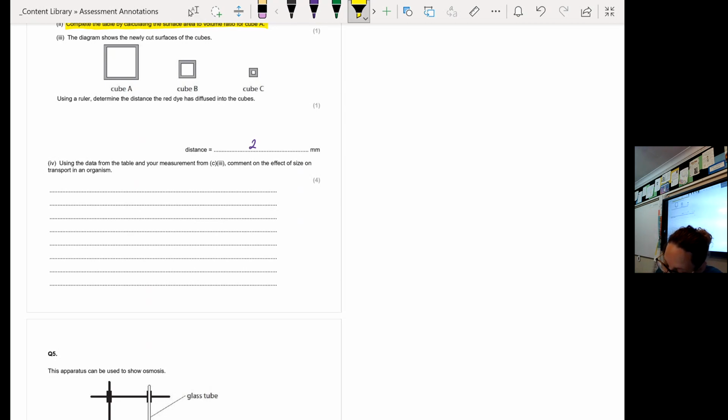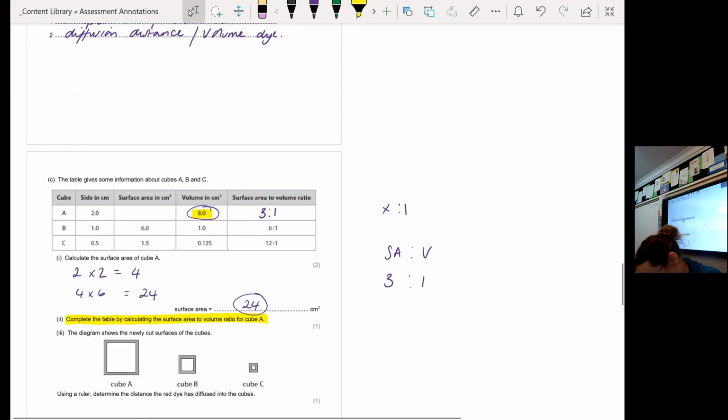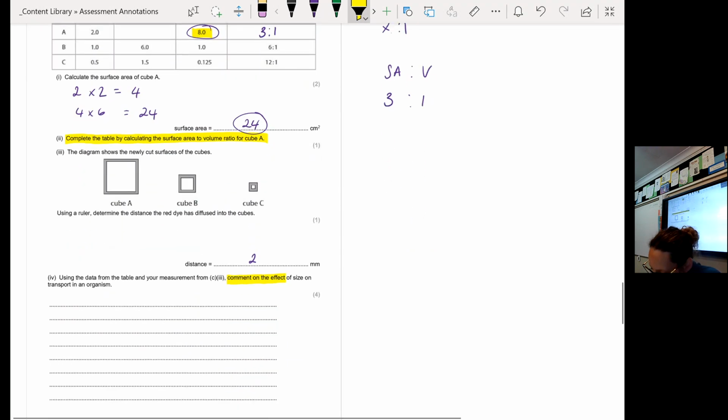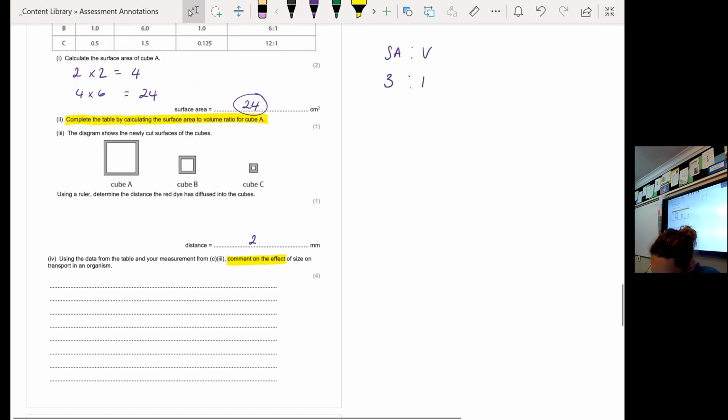So commenting, so we're just going to look at the data first. We can get some marks just by looking at the data. If I look back here, I can see that as my cube gets smaller, my surface area to volume ratio gets larger. Now, from the data, all of the cubes, the distance is the same.